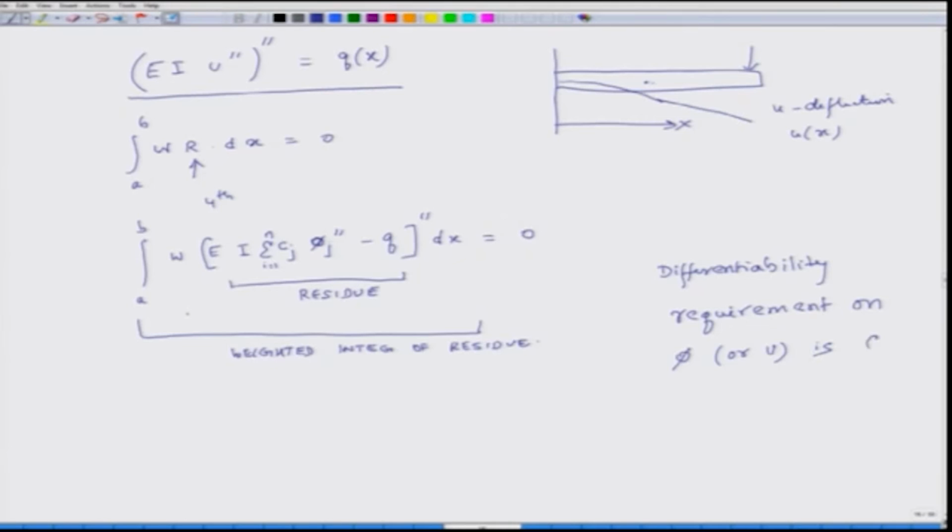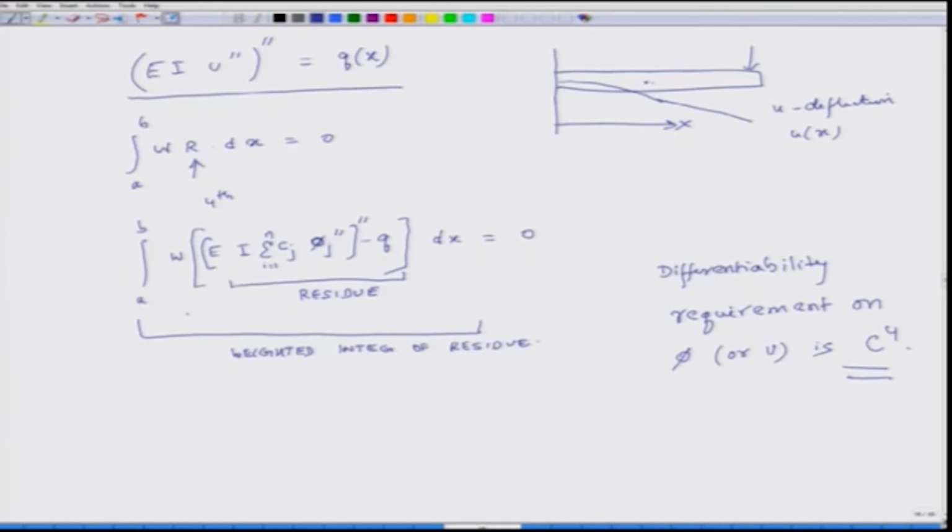Fourth order, right. So, this has to be a fourth class. Oh yes, you are right. That is there. Okay. So, it is fourth order.